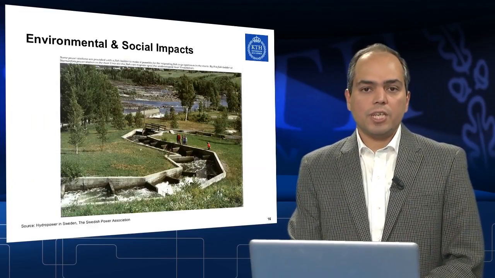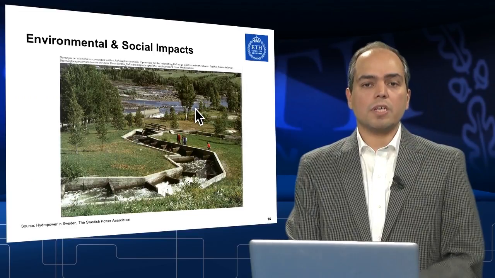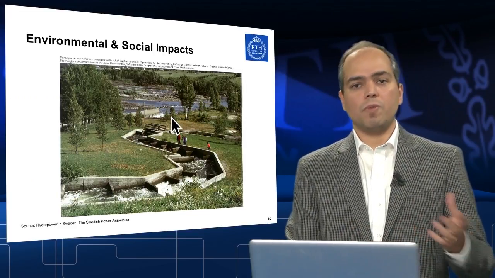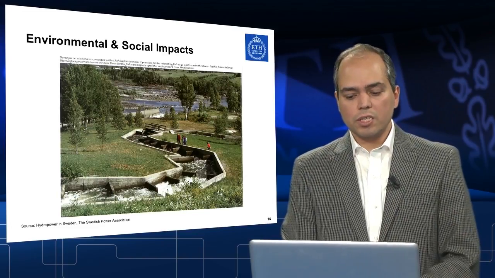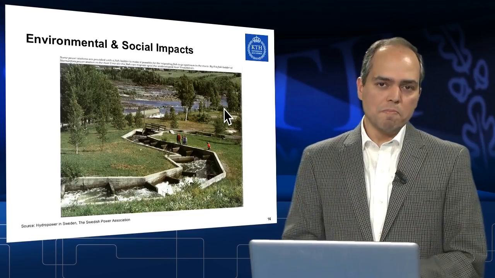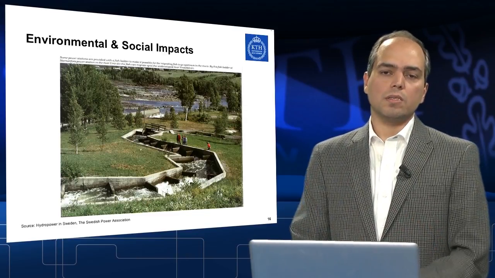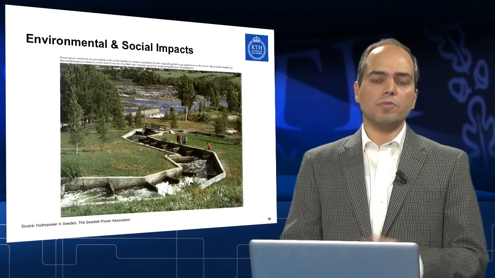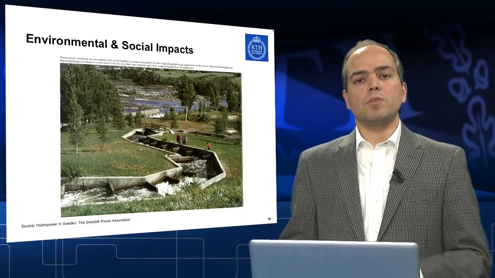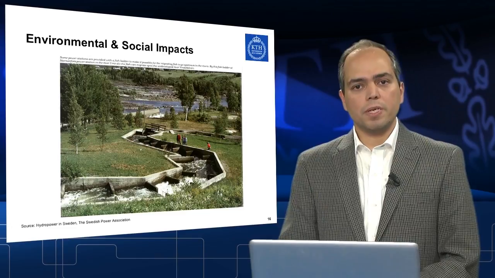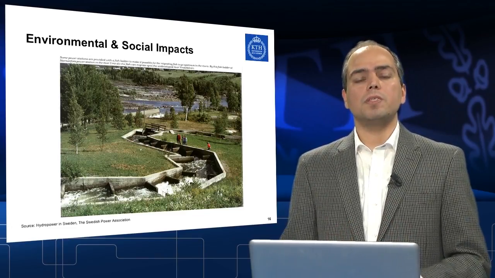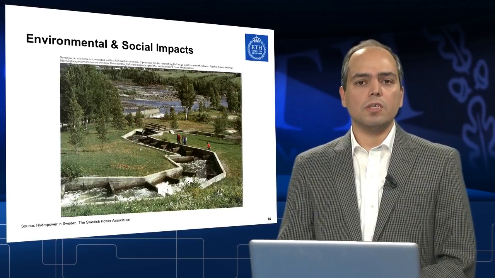So this is the fish ladder. This fish ladder enables fish to migrate over the dam from one side to the other, in order to minimize the impact on the ecosystem of the river. So these types of measures could be taken for any project. It really depends on the proper assessment and proper mitigation measures for that project.